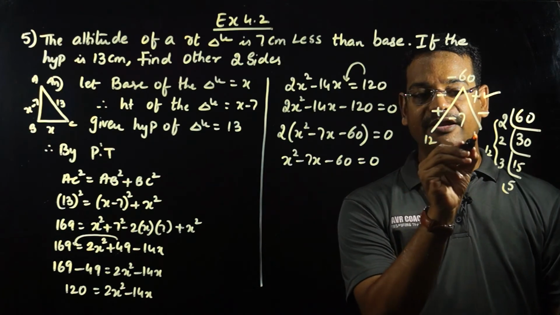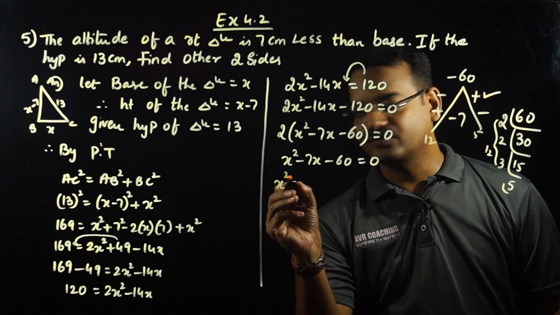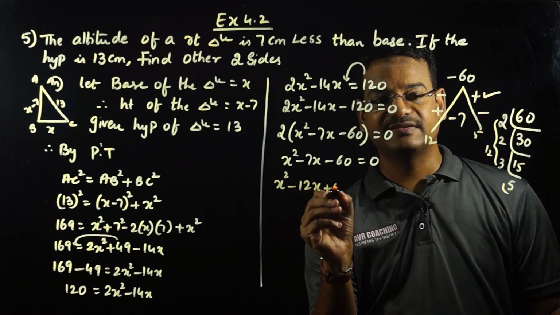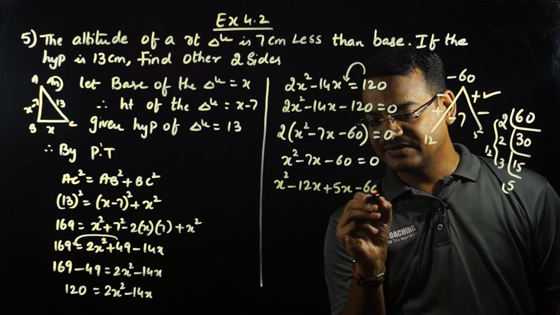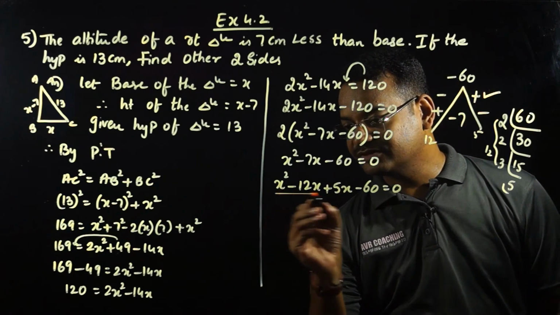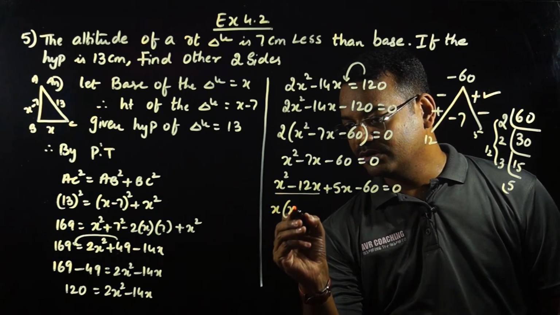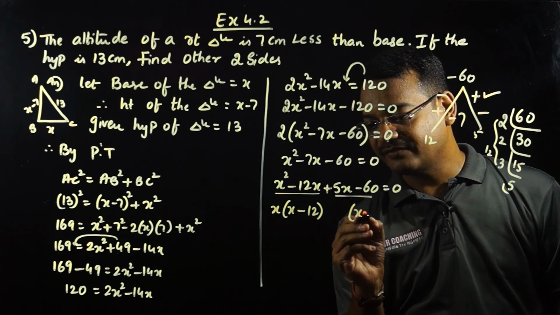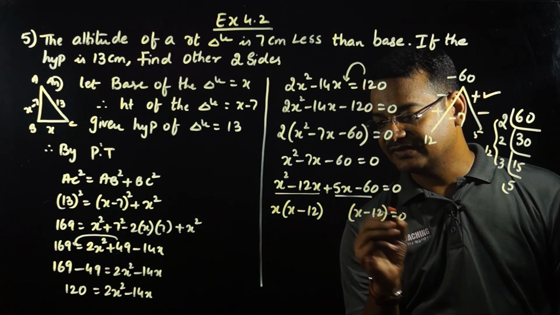So 12 and 5. So this is x square minus 12x plus 5x minus 60 equal to 0. The common term in the first two is x into x minus 12, and the second term also will have the same term as the first bracket.